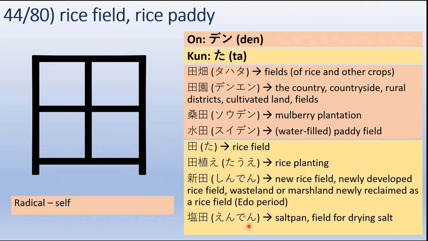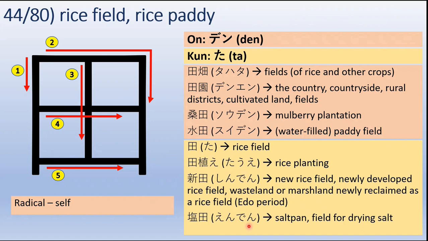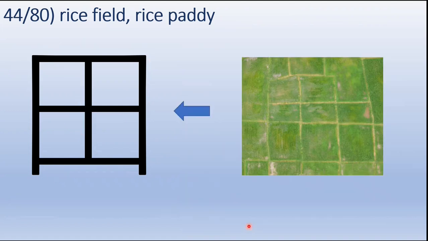This is again a radical by itself, and this is the stroke order. So this is rice field, and how it has come, this is very much clear, and it's self-explanatory. So it resembles a rice field.